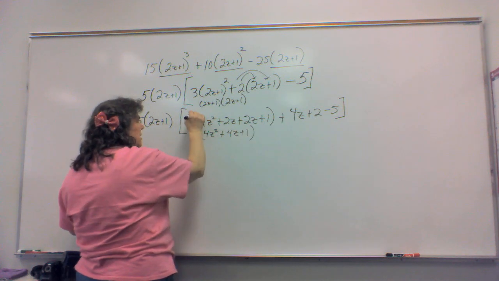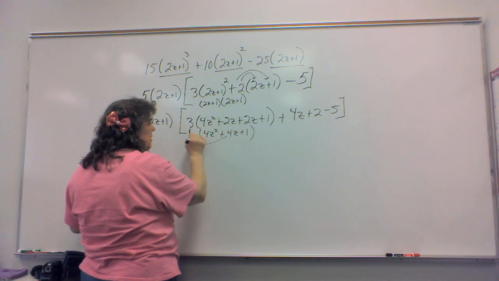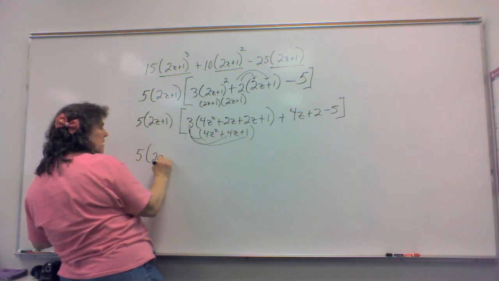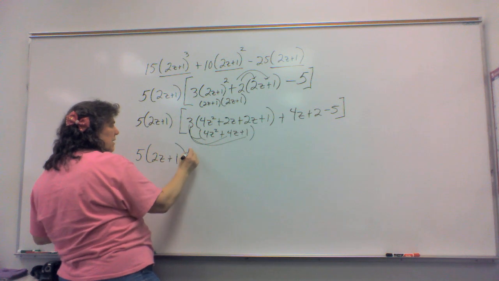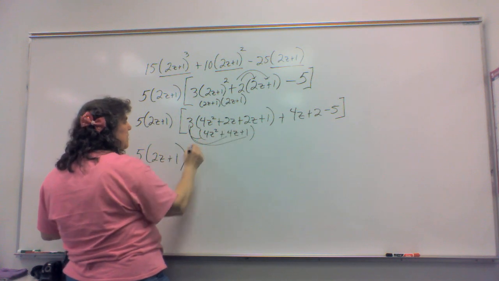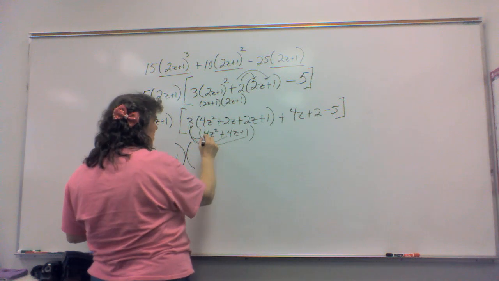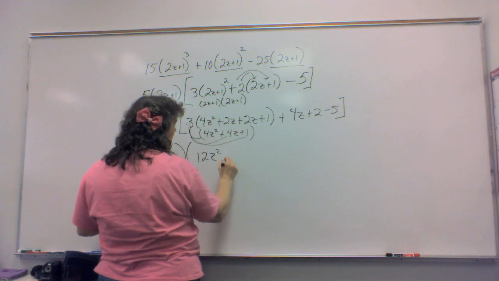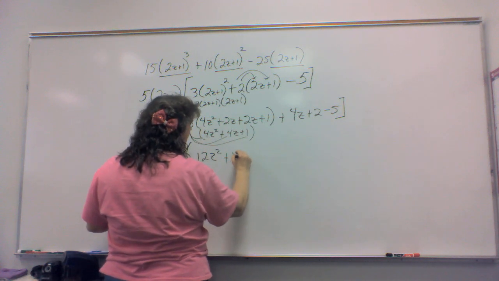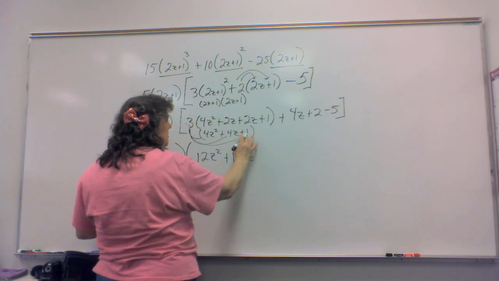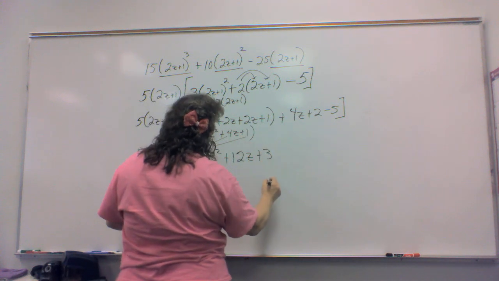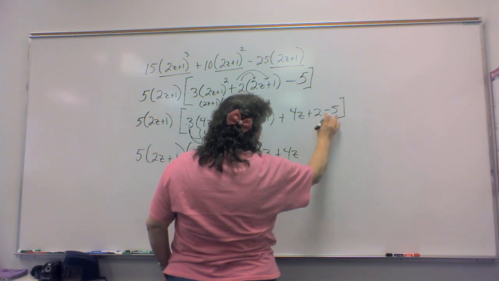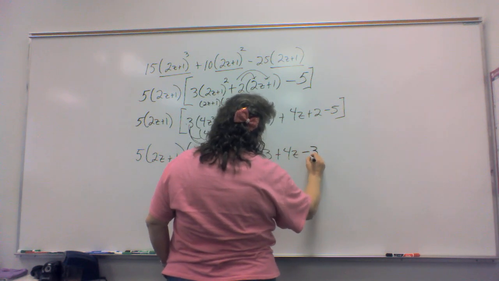And now let's go ahead and distribute the 3 to each one of those. So we have 5 times (2z plus 1) times, and we're going to eliminate our parentheses, so we'll go to parentheses. 3 times 4 is 12z squared, plus 3 times 4 is 12z. 3 times 1 is plus 3, and now plus 4z, and how about 2 minus 5 will be a minus 3.